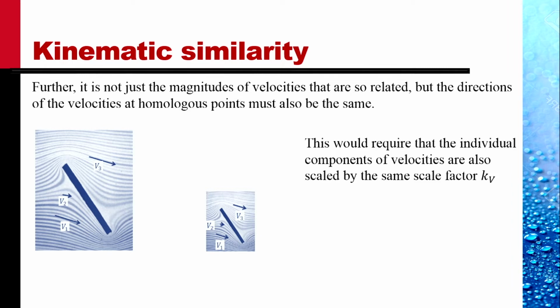It should be clear that this would require that the individual components of velocities are also scaled by the same scale factor Kv. Thus, the horizontal velocity component u1p for the prototype divided by u1m for the model is equal to the vertical velocity v1p for the prototype divided by v1m for the model, both being equal to Kv, which was the ratio of the velocity V1 for the prototype divided by V1 for the model.